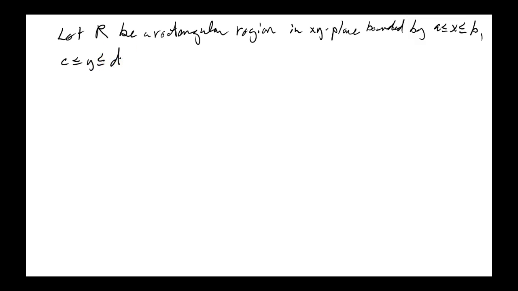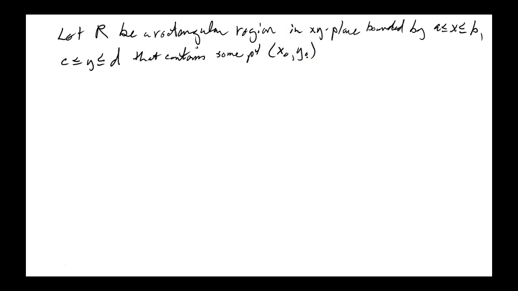Okay? That contains some point (x0, y0). I can't write. I get to thinking ahead of where the pen is, x sub 0, y sub 0.